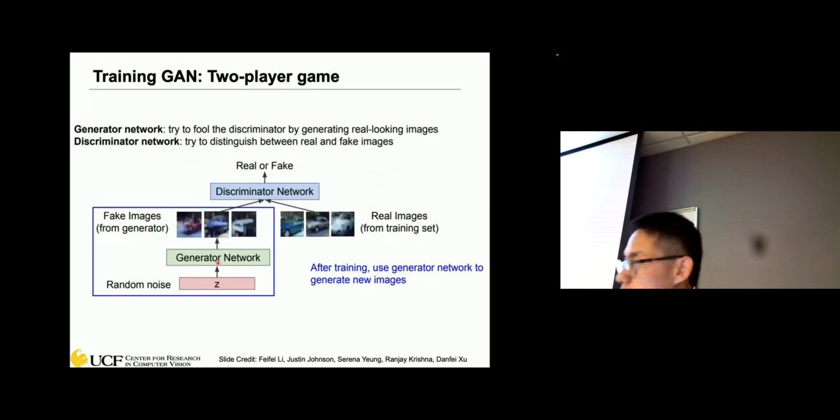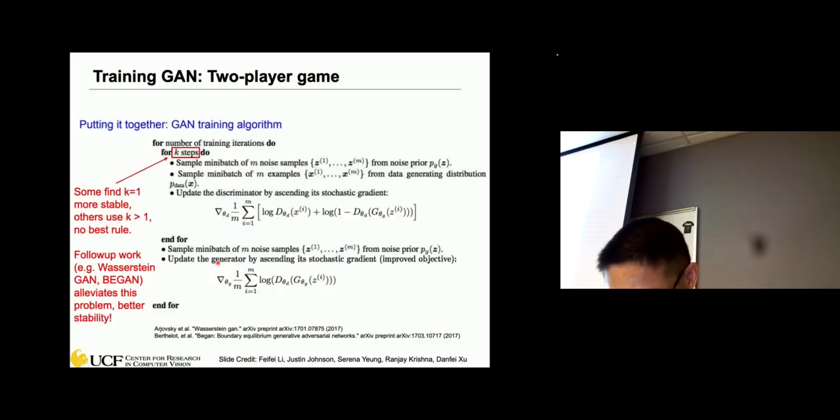Another question: for minimizing the objective function in the generator network, we want D of theta sub d to be 1, and in the previous one we want that to be 0.